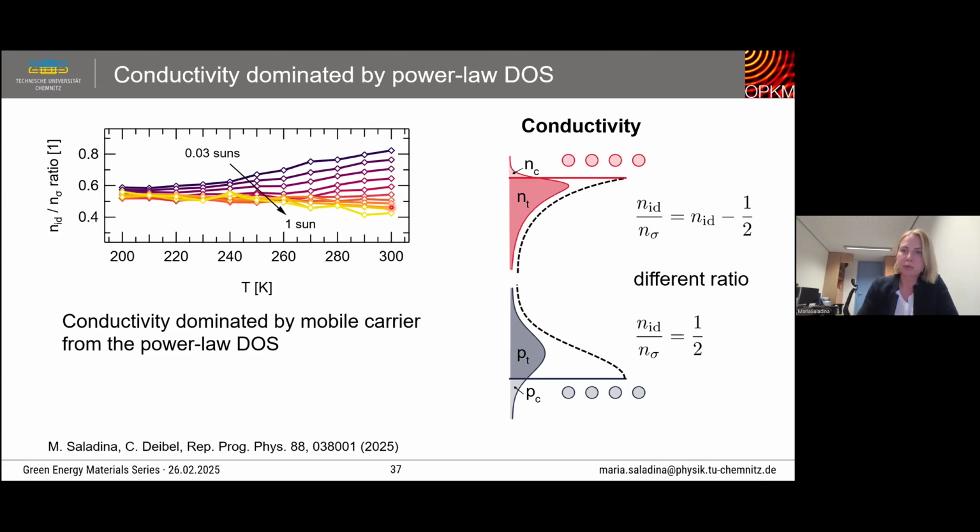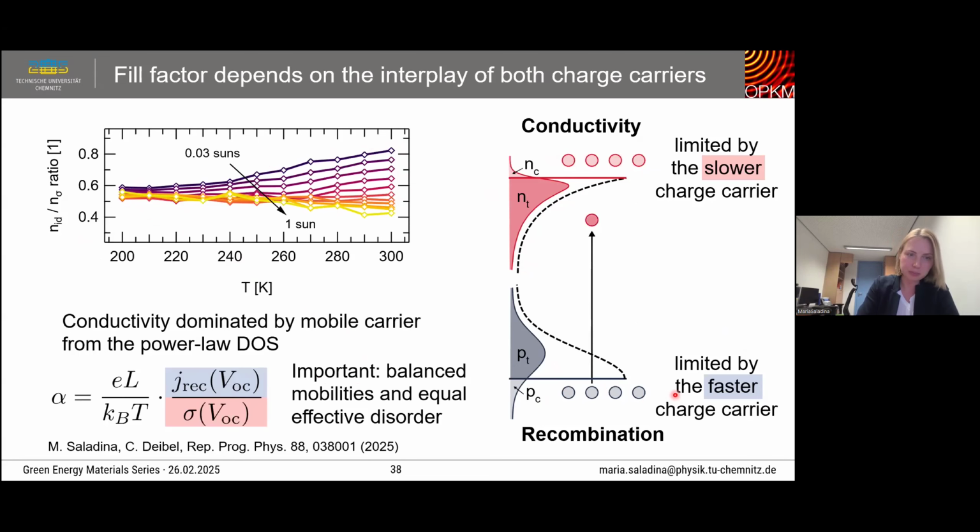But as we go deeper into the band gap, we clearly see that the dominance is actually switching, so that the conductivity is then dominated by the power law density of states, and recombination is dominated by charge carriers from the Gaussian density of states.